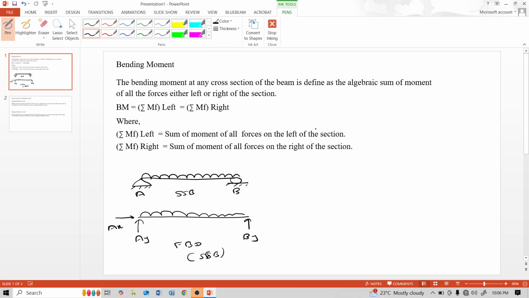Now at any cross section, consider this cross section XX.